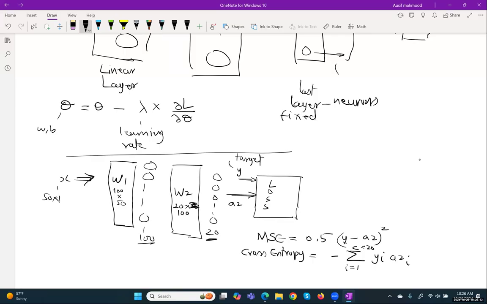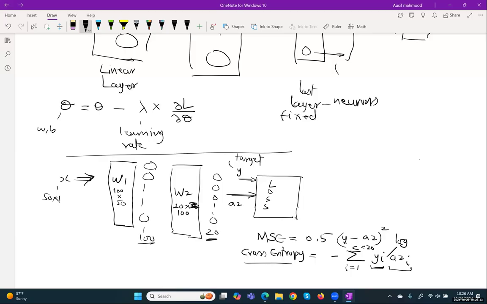For all these 20 lines, what is the corresponding expected output and what is the corresponding actual output? Sorry, I'm missing the log over here. So minus Y of i, log of the actual output is the cross entropy, right? Okay. So anyway, let's pretend it's a multi-class problem.